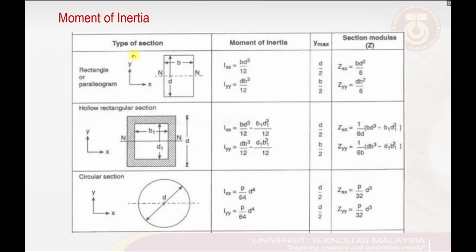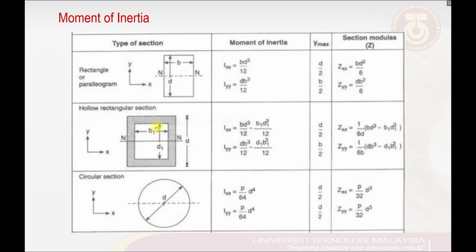And if we view this structure here and calculate its moment of inertia by taking the y-axis as our reference, the moment of inertia in the y direction is equal to d multiplied by b cubed divided by 12.